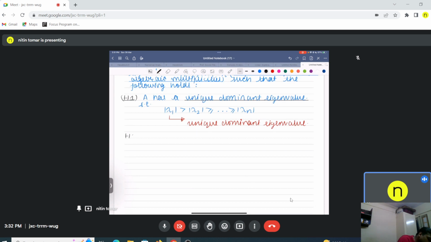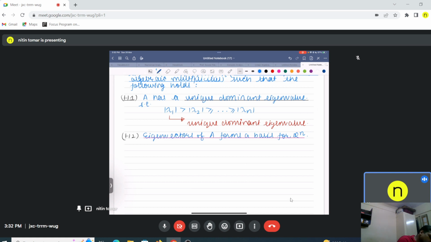Now, the second hypothesis is that the eigenvectors of A form a basis for Rn. So what does it mean? This is really important.